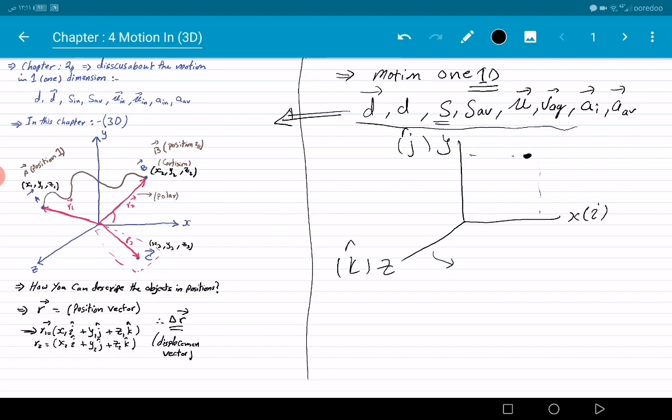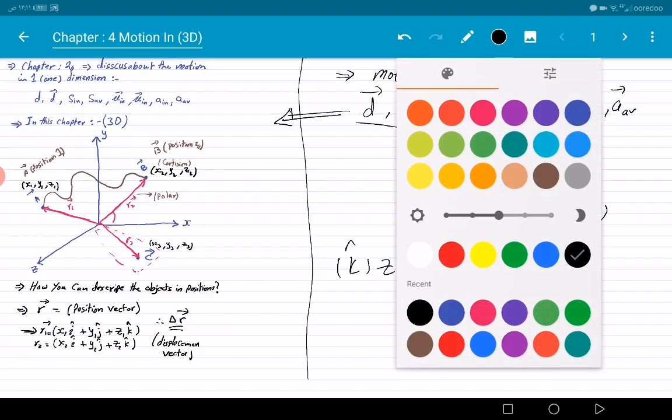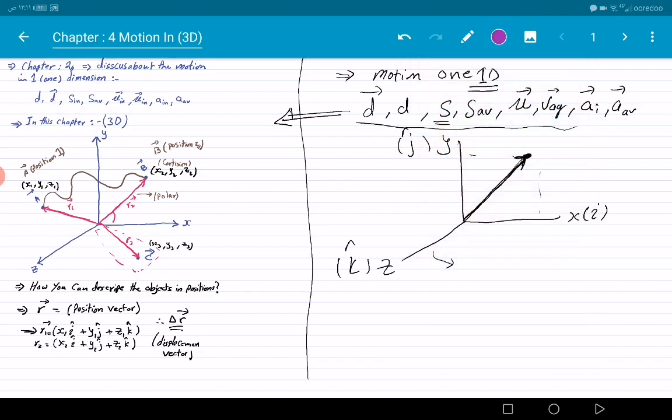First, I use polar coordinates. What are polar coordinates? We can describe the polar coordinate by the magnitude and direction.